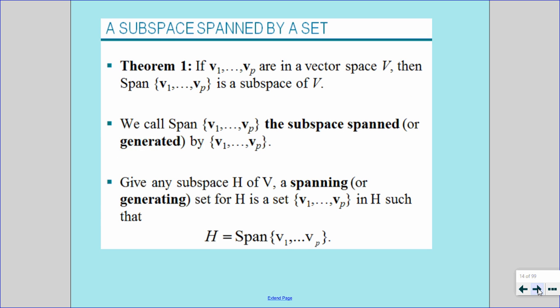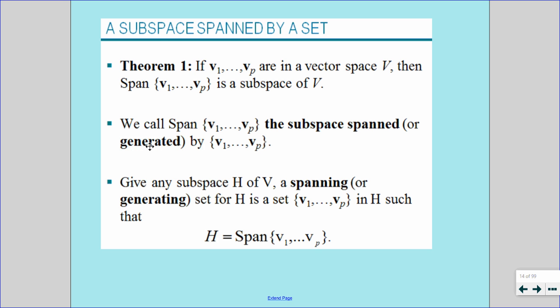All right, so Theorem 1 gets into what we just proved. Theorem 1 states if you have vectors that are in a vector space V, then the span of those vectors is a subspace of V. And you can use the language, the span V1 through VP is the subspace spanned by those vectors.